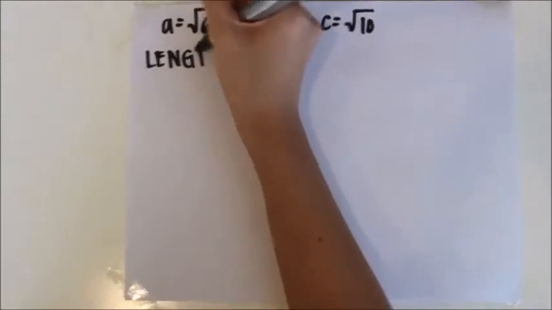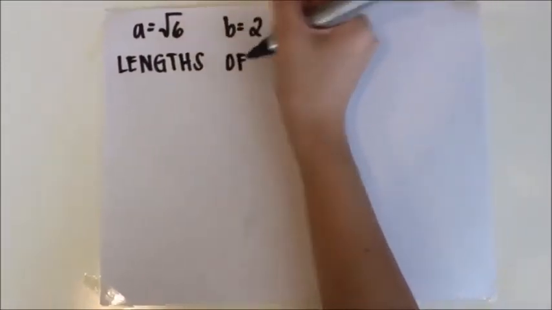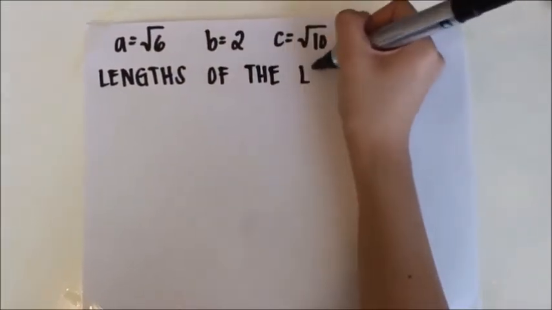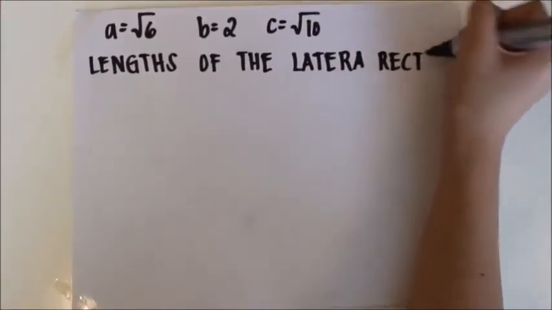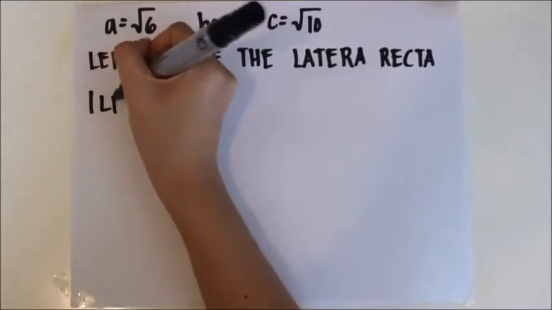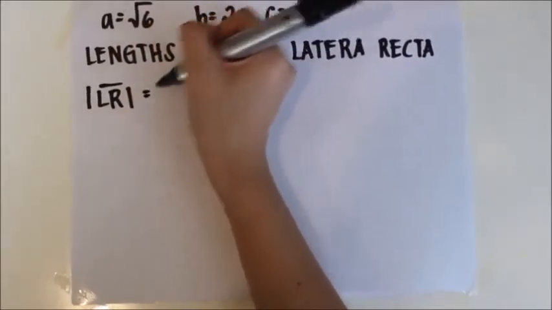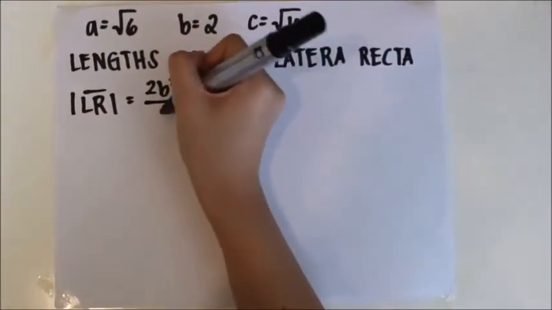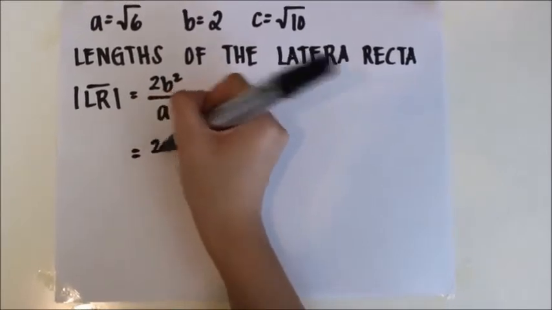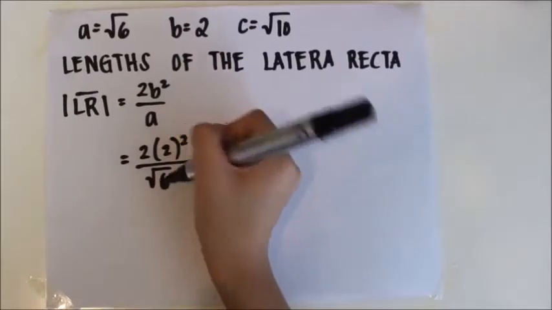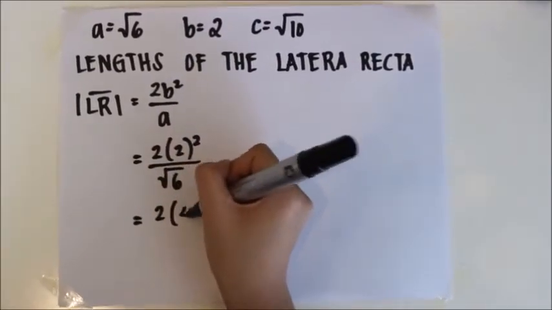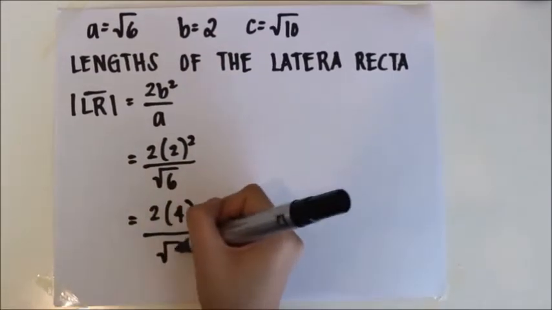We find the length of the latera recta by substituting the values of a and b to the equation for the length of the latera recta, which is length of latera recta equals 2b squared over a. That gives us 2 times 2 squared over square root of 6. 2 times 4 over square root of 6.